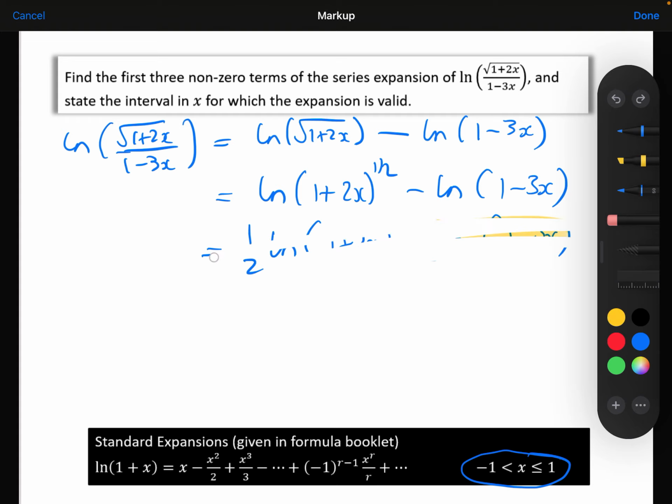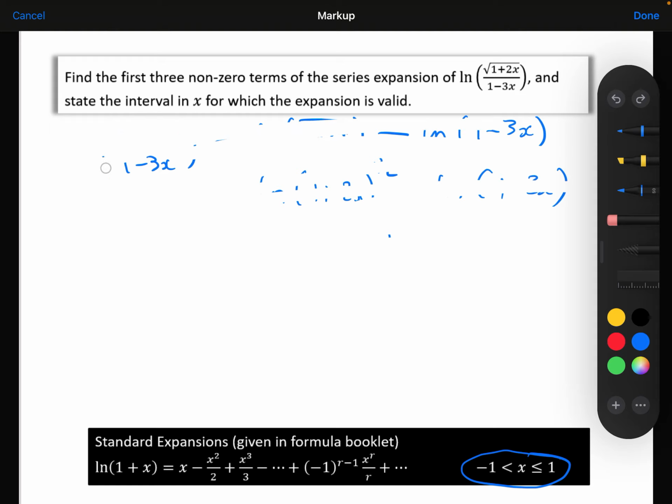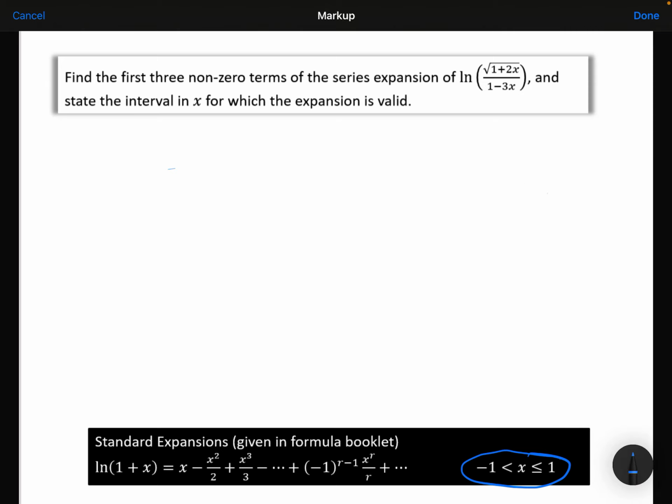So let me create some more room. And we're going to do these two things separately, and then take them away. So the first one we had, the 1/2 ln 1 plus 2x, will be 1/2 of. So we're using this expansion, but we're substituting 2x in instead of the x.